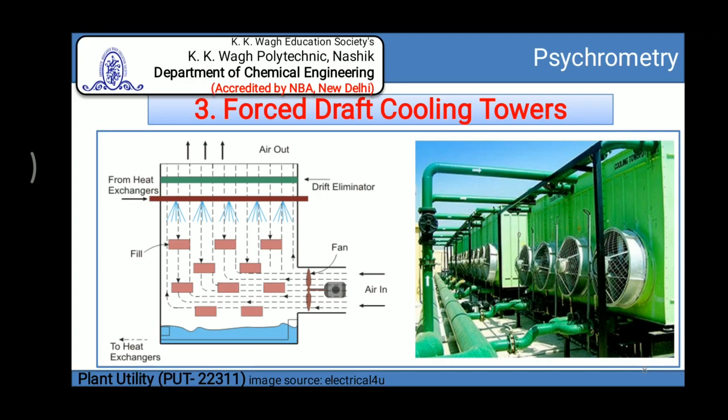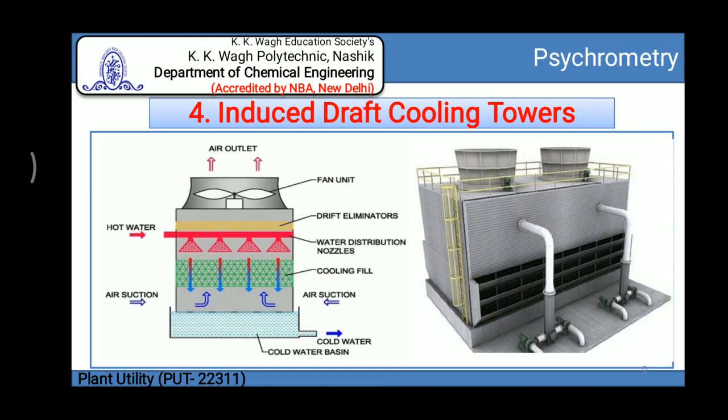The working of this tower is the same as the natural draft cooling tower, only the difference is that here mechanical fans are provided for the cooling of water. And to avoid this disadvantage of the forced draft cooling tower, induced draft towers are used.